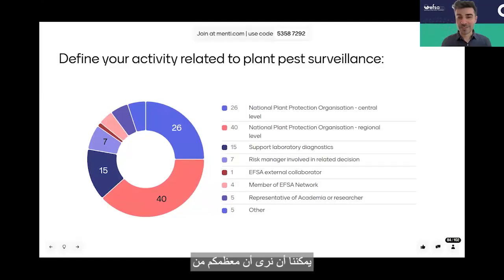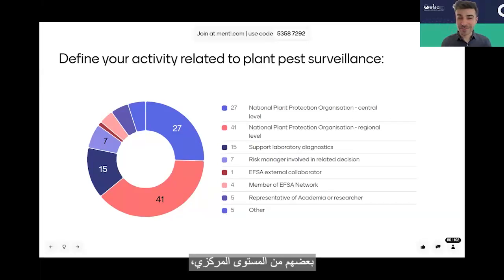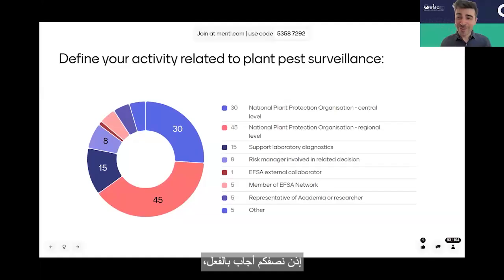We can see that most of you are from national plant protection organizations. We have some from central level, some from regional level. We also have some people from support laboratory diagnostics. Okay, so half of you already answered.